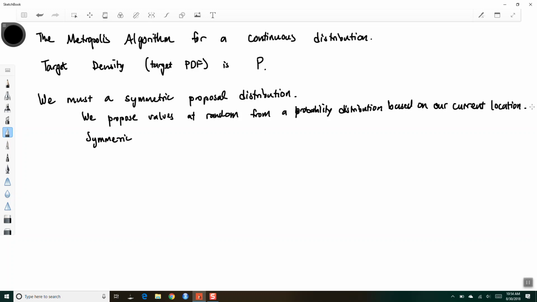So symmetric would mean that, we'll say our proposal distribution is Q, the probability of proposing Q prime given our current location is equal to the probability of proposing our current location if we were at the proposed location.